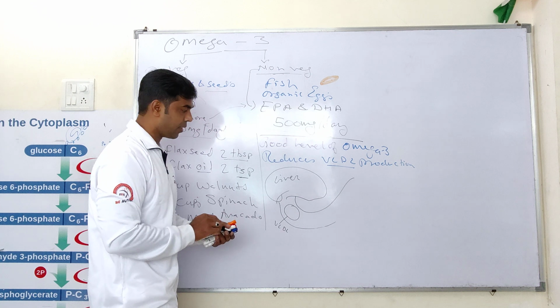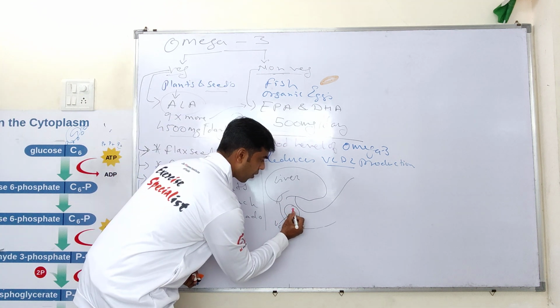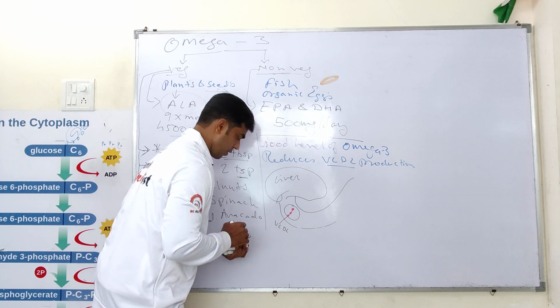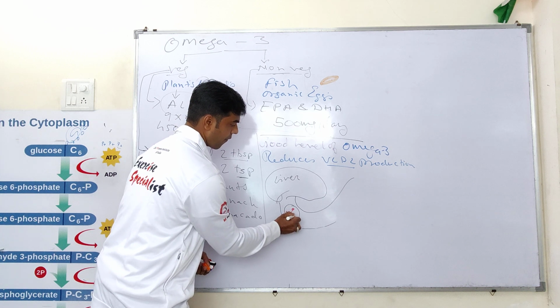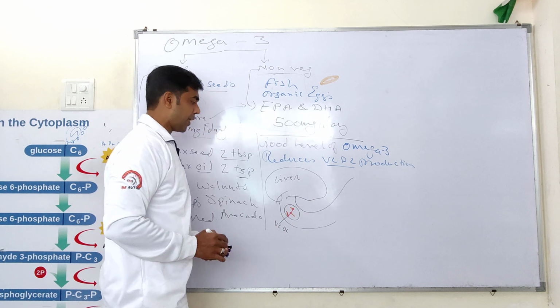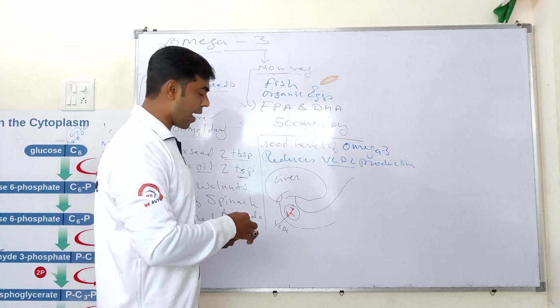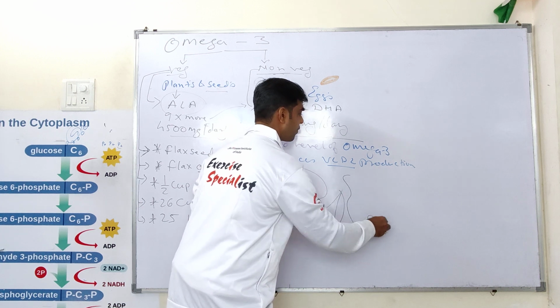Now this carries triglycerol. Right? This is the glycerol bone, and we have fatty acids. So this triglycerol is carried to the adipose tissue. This is the fat cell.